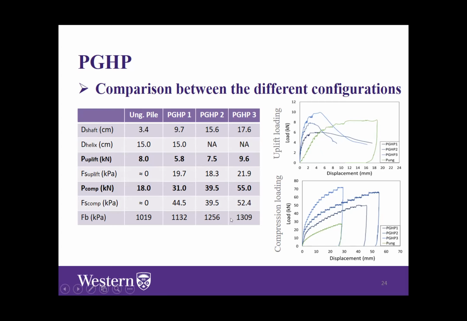This increase observed in the three pressure grouted helical piles can be attributed, as I said, to the permeation of some grout at the end of the installation, which fills the voids of the supporting soil and provides additional cohesion to its parameters or properties.